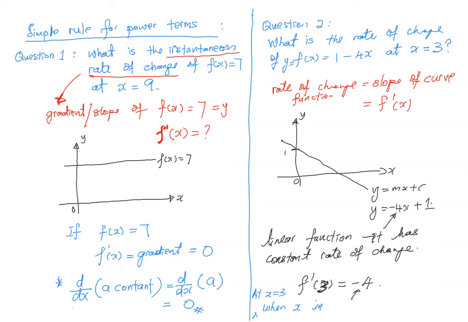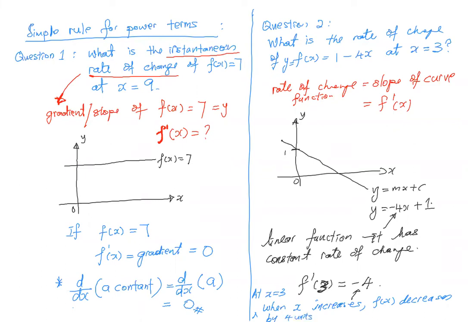When x increases, y or f(x) decreases. Decreases is negative already. Decreases by how many units? 4 units. Yeah, 4 units.